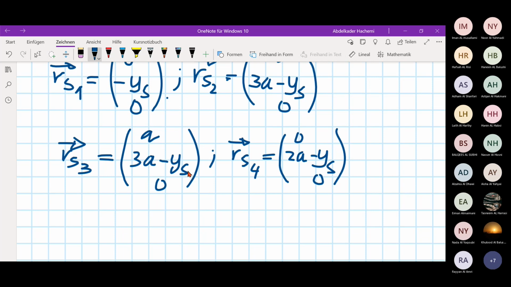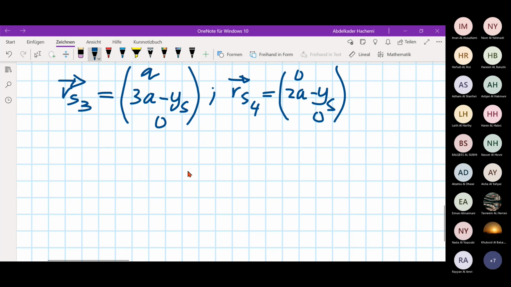We know from the formula that YS is the sum of mi yi divided by the sum of mi, where i varies from 1 to 4, as we have 4 masses.